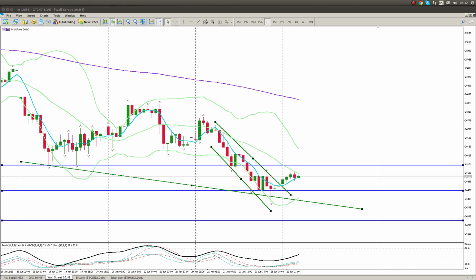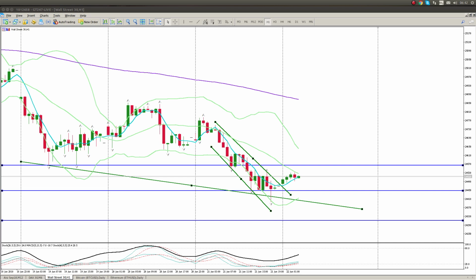Everything's just hovering. I suppose it's just the Nikkei that's down 1%, but that's followed through from the DAX and the Dow and the S&P yesterday. But anyway, that's my take on Wall Street today. I'll be looking for any kind of bullish action here.